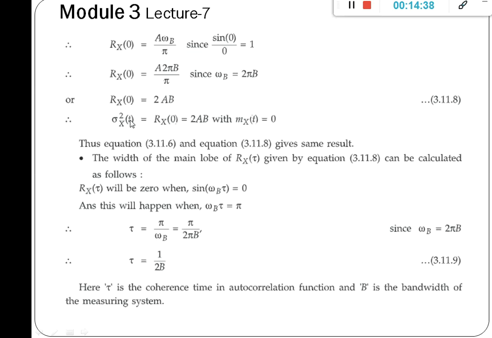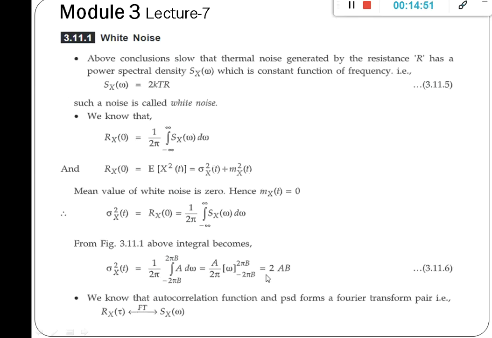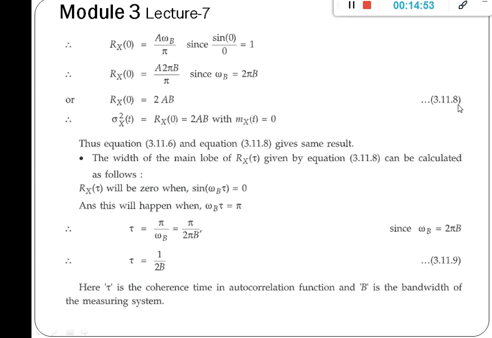So sigma x square of t is equal to Rx of 0, that is equal to 2 into A into B, with mx of t equal to 0. So the previous equation and this one give the same result.